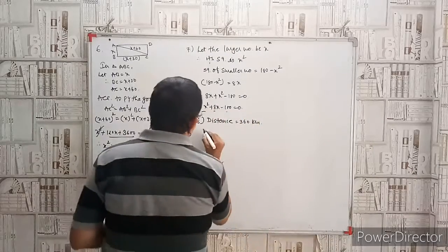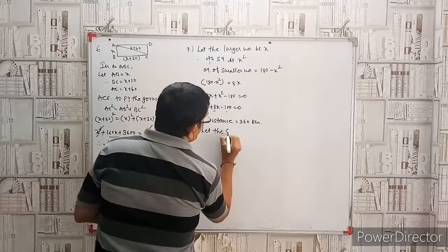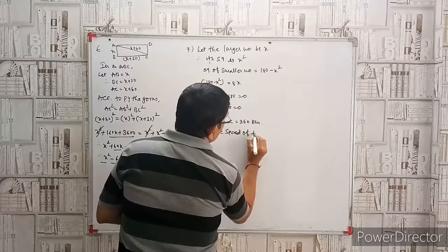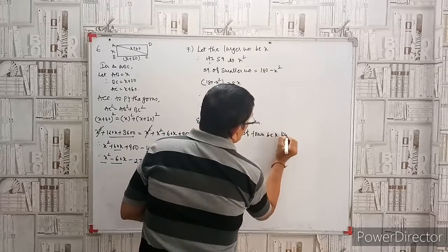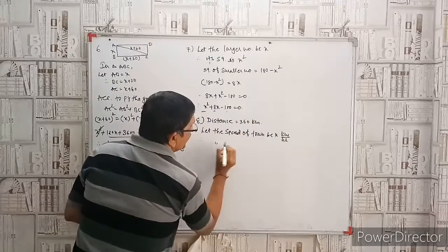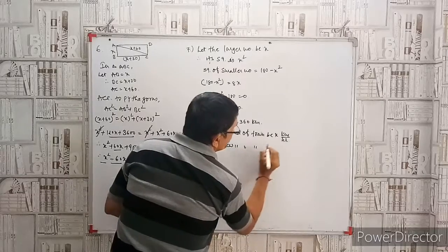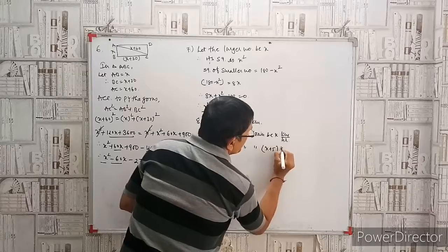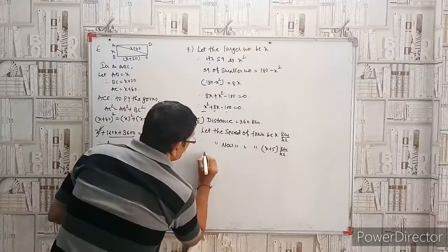So here we will assume, let the speed of the train be x kilometer per hour. Therefore, the new speed of the train will be x plus 5 kilometers per hour.